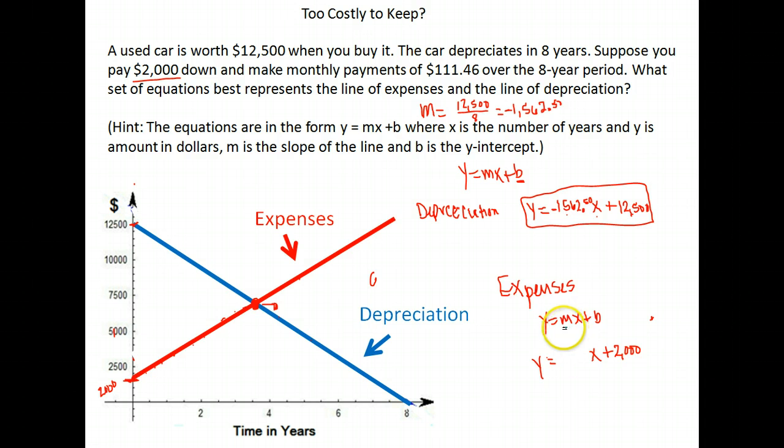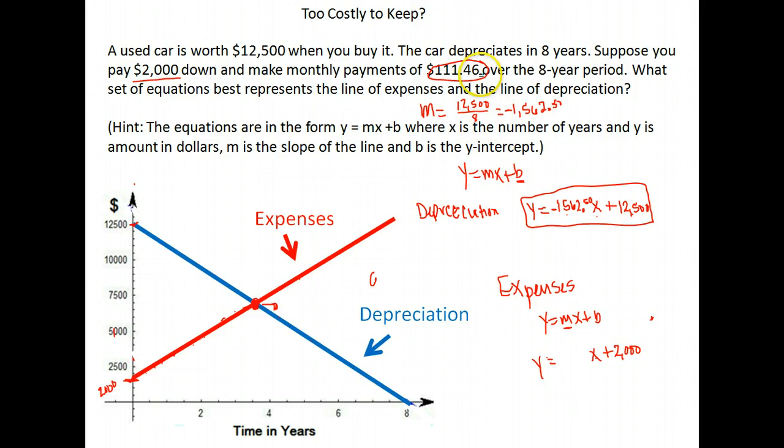The next thing we need to assess is what's our m, our slope. How much is the payment going up each year? How much more are we increasing each year in what we've paid? Well, what are we paying? We're paying $111.46 every month.